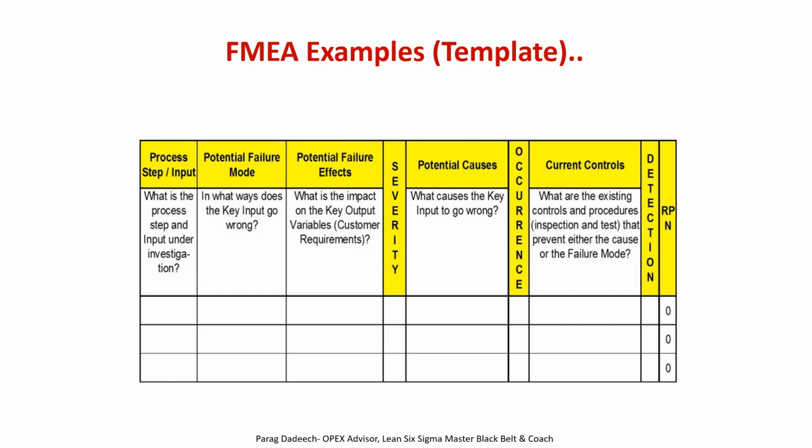Next, you take the requisite actions to reduce the risk. And then the steps are repeated again and the RPN number is re-evaluated after your risk mitigating actions. Hope you find this FMEA template to be useful when you carry out FMEA process in your own industry.